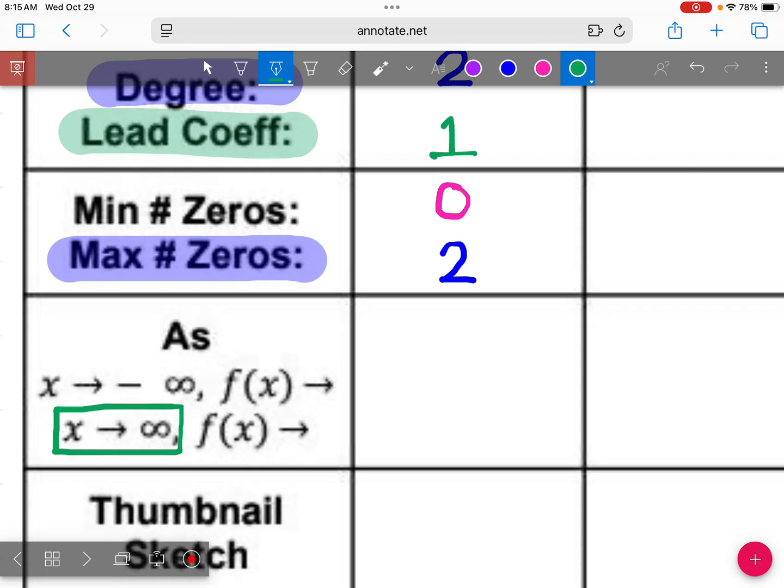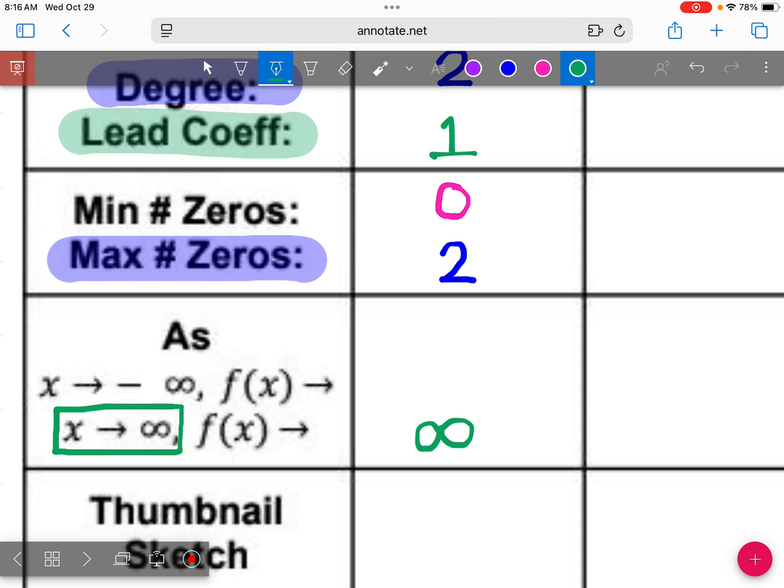So for this function, that right arrow is going to point which direction? Because our leading coefficient is positive 1, this is going to go to positive infinity. Our right arrow will always match the sign of our leading coefficient.